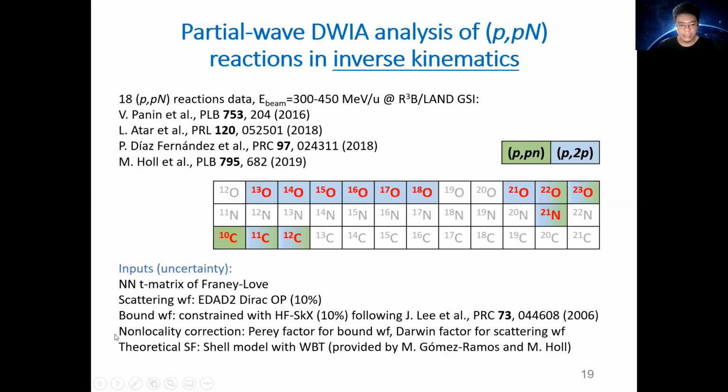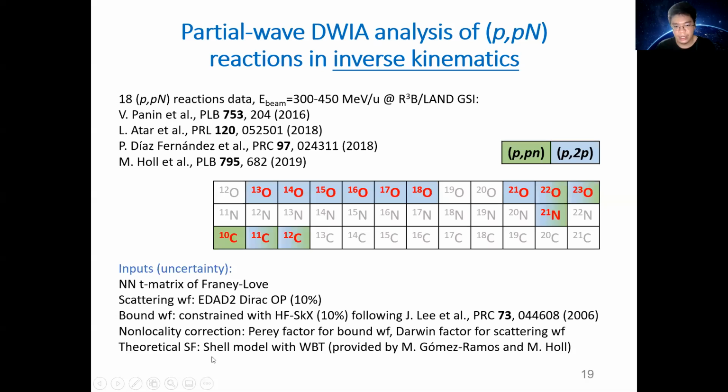A very important ingredient is the non-locality corrections. We use the Perey factor for the bound wave functions and the Darwin factor for the scattering wave functions. I will mention this factor later in this talk. The last ingredient is the theoretical spectroscopic factors.